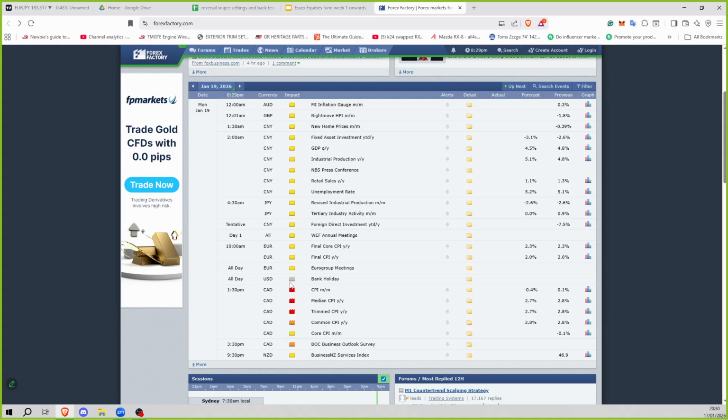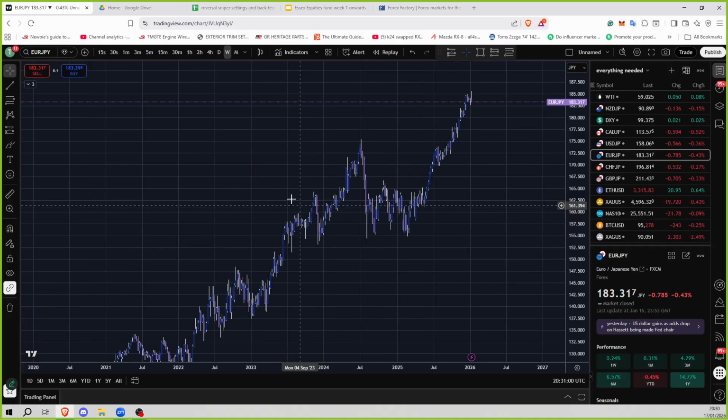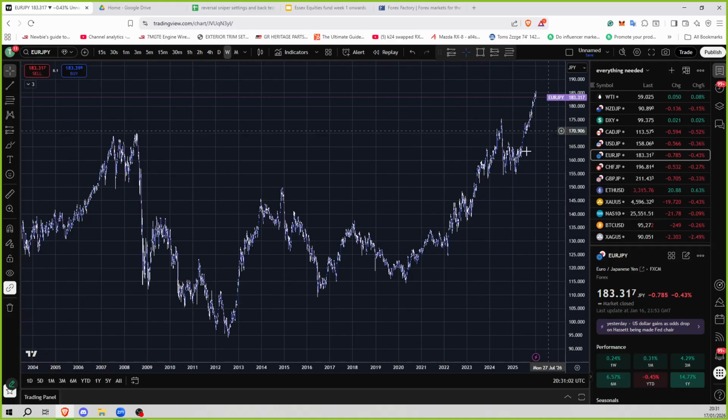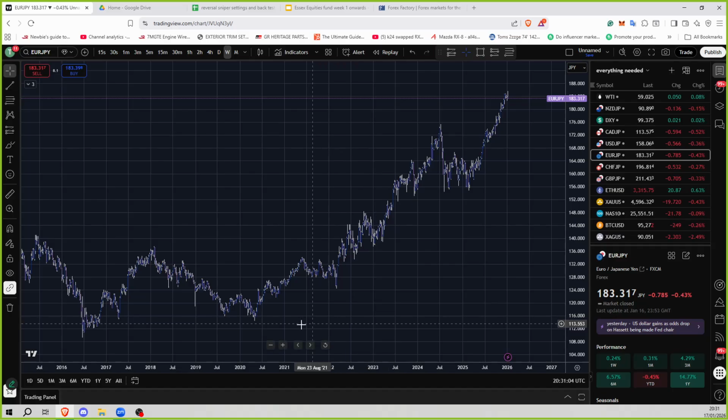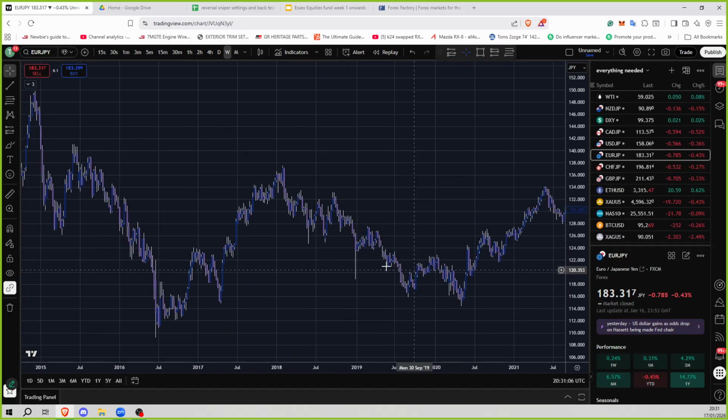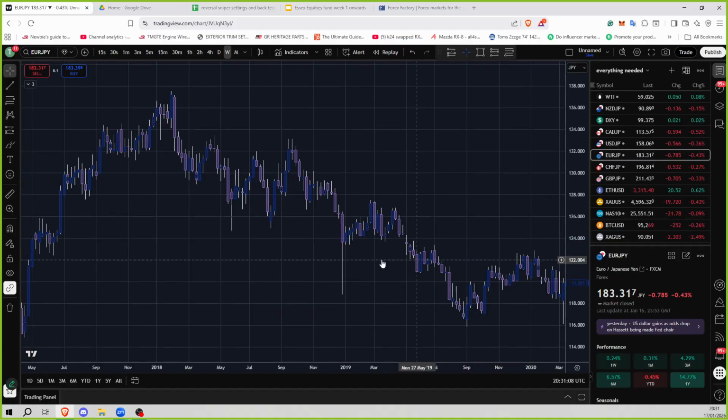Now, the other thing I would also be aware of is that if something is in a bank holiday, try not to trade that currency. You're more liable to see flash crashes. A la 2020, is it 2019? Yeah. Wow, it looks so tiny on there now.